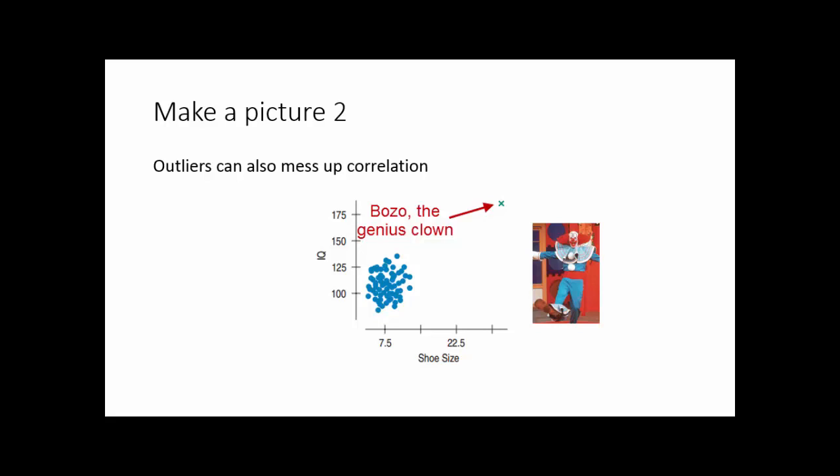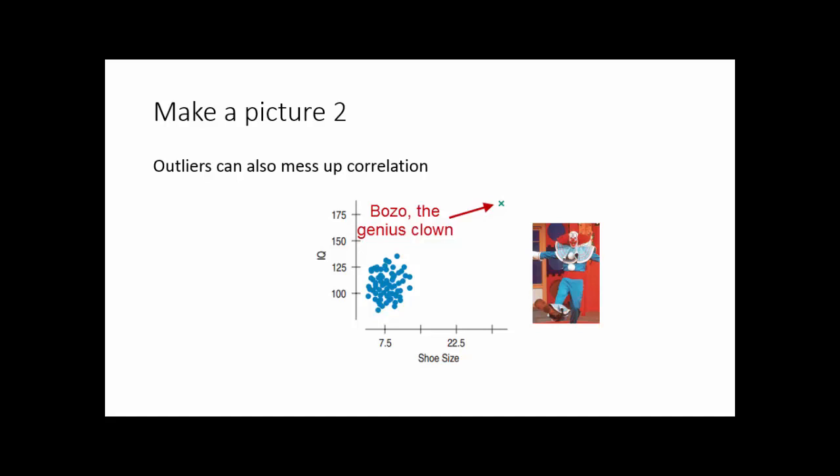And if I just look at those, you'd say, there's no association. And so the correlation would be near zero. But because of various things, I've included in here a bozo, the genius clown. So this fellow who has very large shoes and a very high IQ.